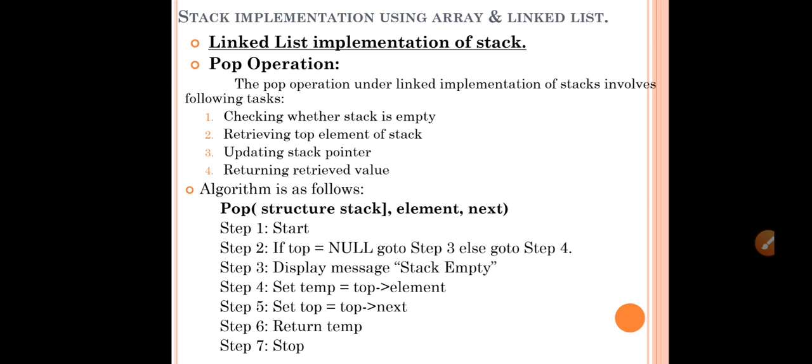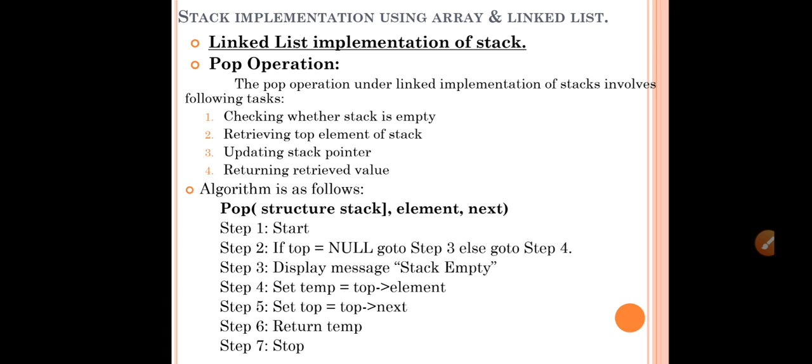So now we see the pop operation of linked list. The pop operation has some tasks: checking whether the stack is empty, retrieving the top element of the stack, updating the stack pointer, and returning the retrieved value. These are the tasks we have to check before popping an element from a linked list. Algorithm now. Step 1, start. If top equal to null, go to step 3, else go to step 4.